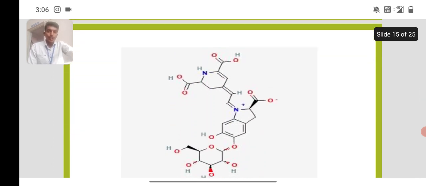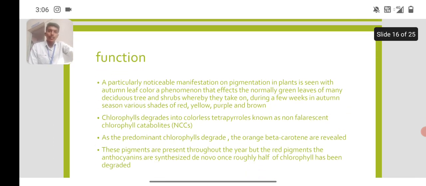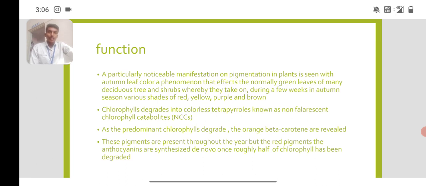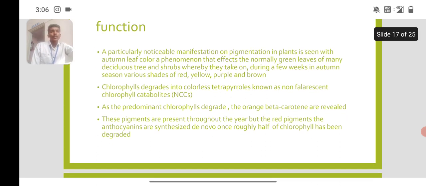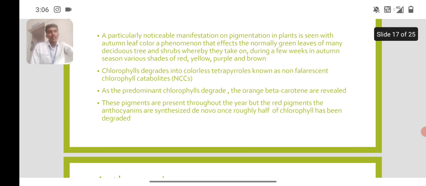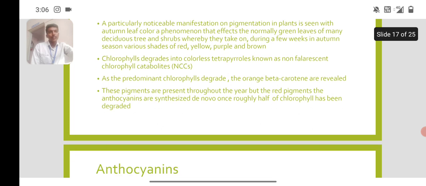Structure of betalains. Function. A particularly noticeable pigmentation in plants is seen with autumn leaf color, a phenomenon that affects the normally green leaves of many deciduous trees and shrubs, which take on various shades of red, yellow, purple and brown during a few weeks of the season.